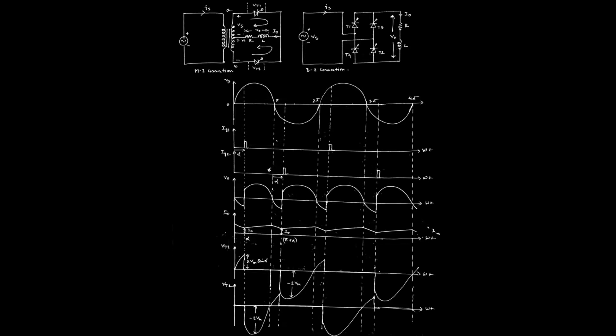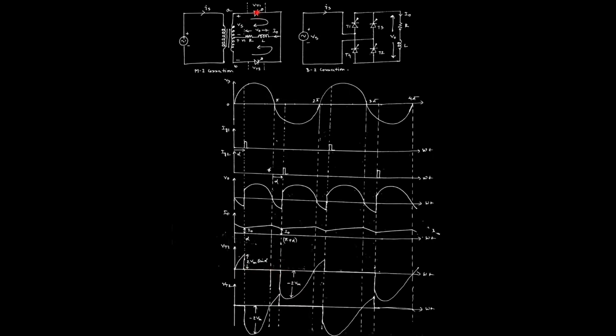The same phenomenon can be reflected on the waveform also. See, in this particular region, I am talking about the point, suppose alpha to pi plus alpha, in which the capacitor was charged and discharged and the switch T1 was in the on state. In this duration, T1 was in the on state. That means across T1, the terminal voltage is zero, as it is behaving like a short circuit.